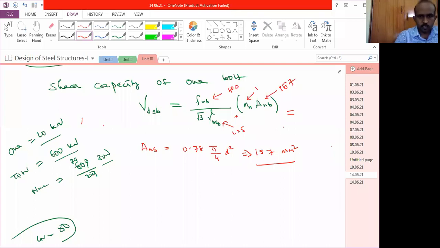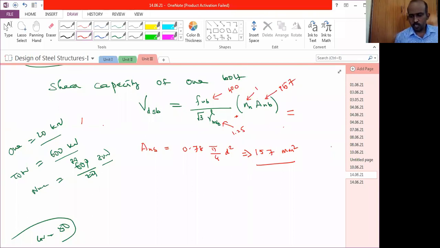Time is running, please respond quickly. All the values you know, please calculate the shear capacity of one bolt. Not even one answer.